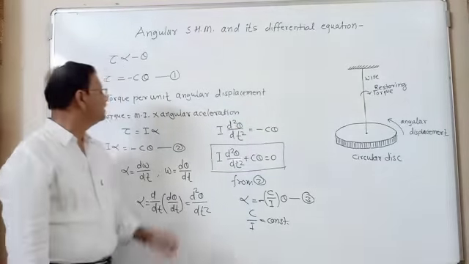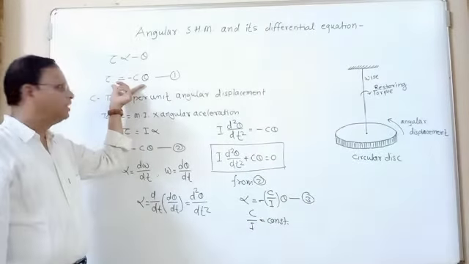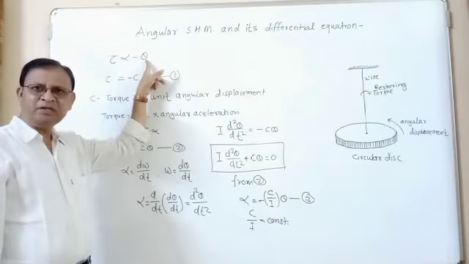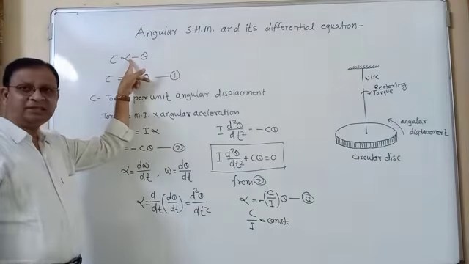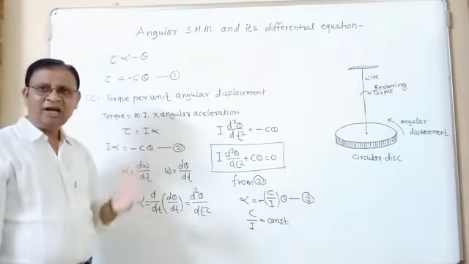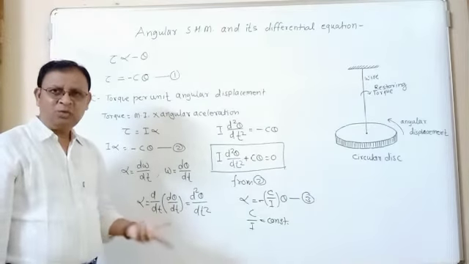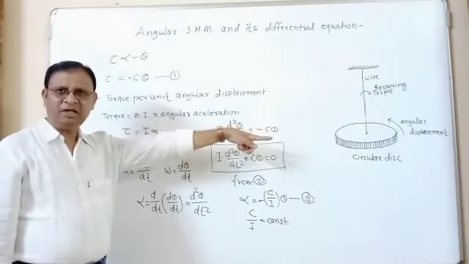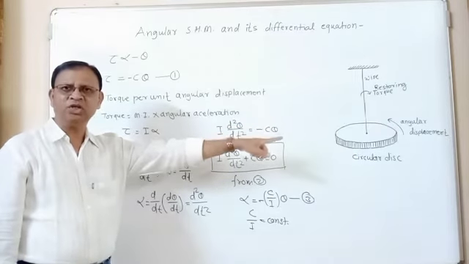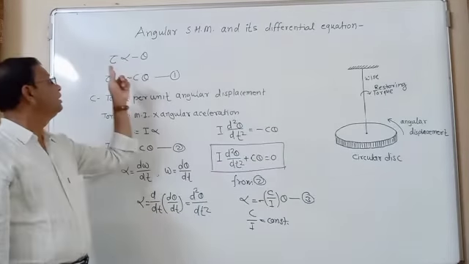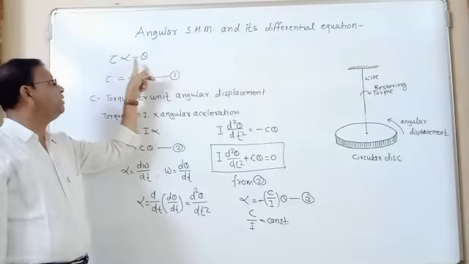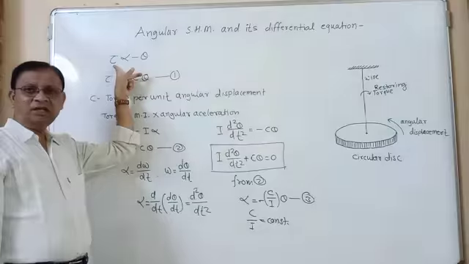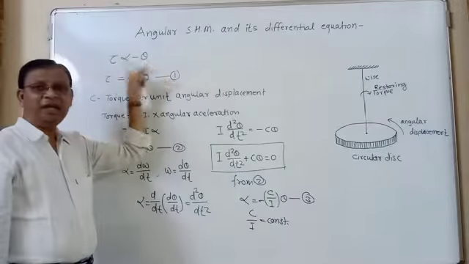Also, here we have seen that tau is directly proportional to theta, torque is directly proportional to angular displacement, and the negative sign indicates that torque and angular displacement are opposite in direction. So we also can say that angular simple harmonic motion is an angular oscillatory motion of a body in which torque is directly proportional to the angular displacement and the direction of torque is opposite to that of the angular displacement.